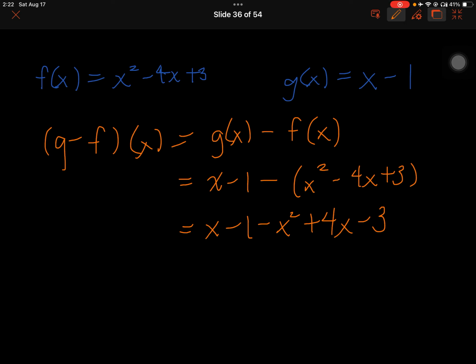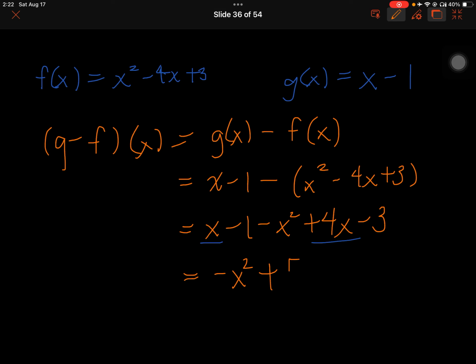Okay. Then after this, we combine the like terms. So let's start with the highest degree or highest exponent. So this is negative x squared. It doesn't have any like terms. Next is x plus 4x is 5x.